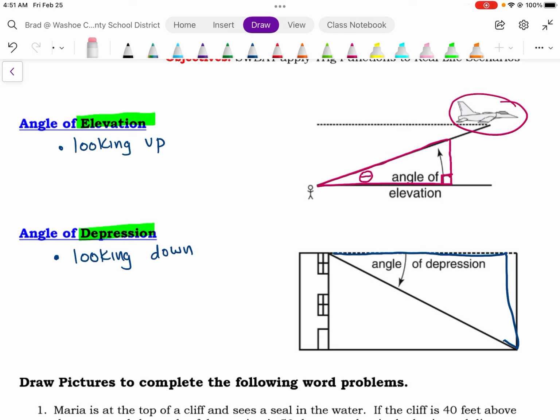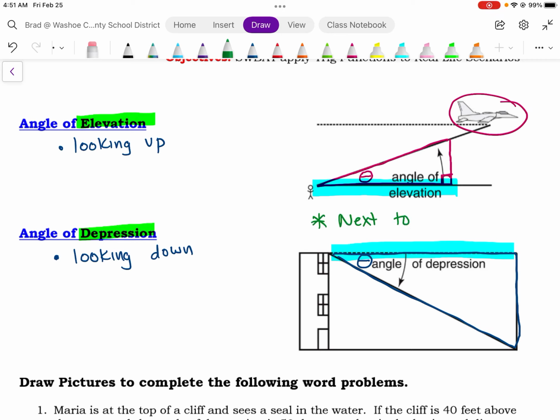Let's try that again. But as I'm looking down, again, it's so important for us to decide where we're going to put that theta. I'm going to put that theta right there. Okay? So what I would want you to notice is that theta in both cases is right next to the flat line.